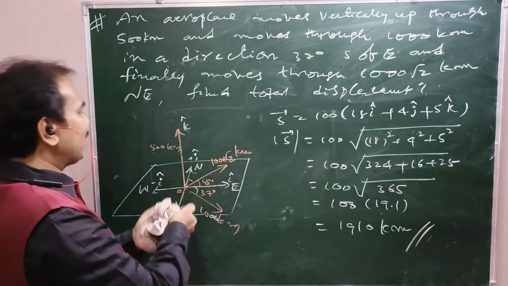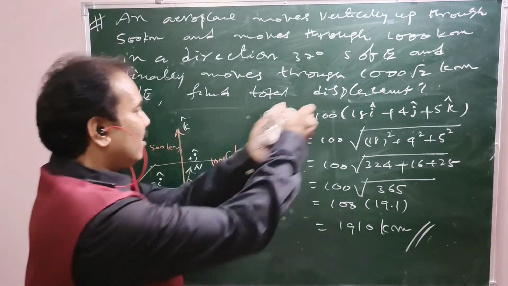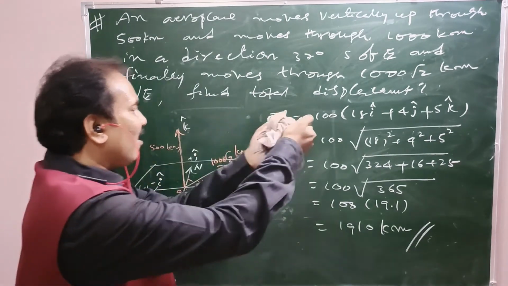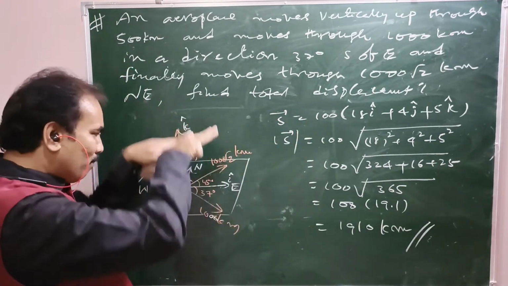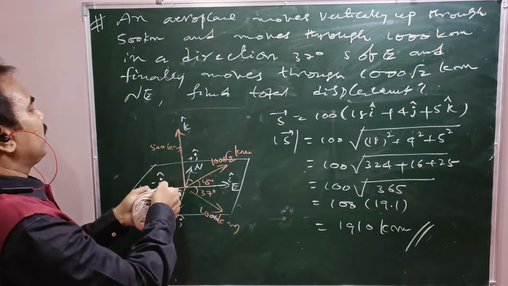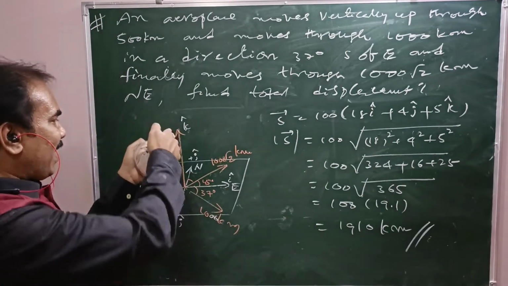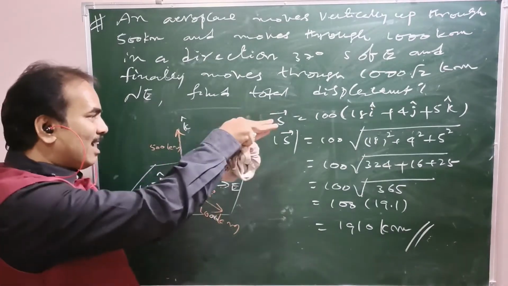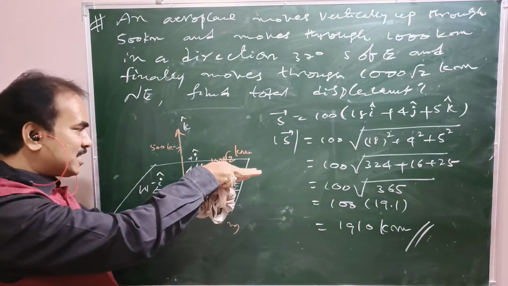So vertical up, fourth quadrant, second quadrant. I am shifting the second and third displacements onto the plane. So S1 as usual, S2 is shifted down and joined here, and S3 is also shifted down parallel to itself and joined here.